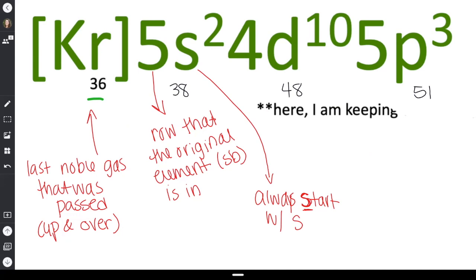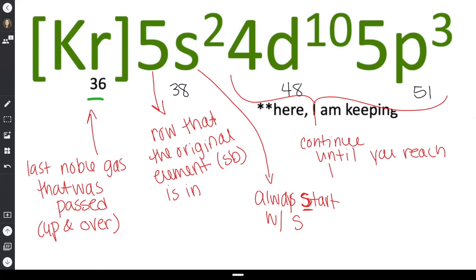And then we just continue on until you reach the total number of electrons.